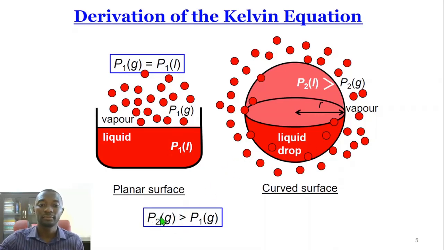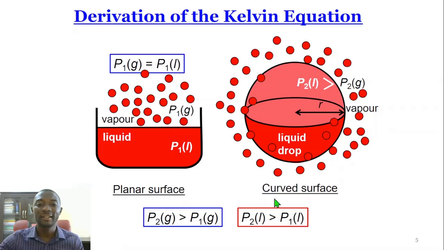Overall, the vapor pressure of the drop is greater than the vapor pressure of the flat liquid surface. Also, the pressure of the liquid drop, that's the internal pressure of the liquid drop, is greater than the pressure of the liquid in the beaker.